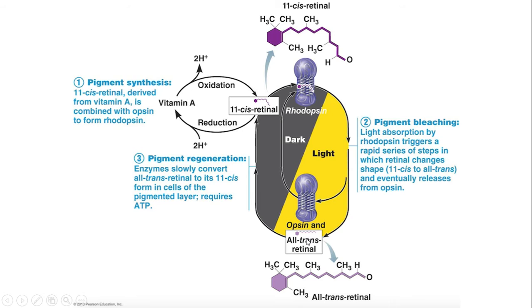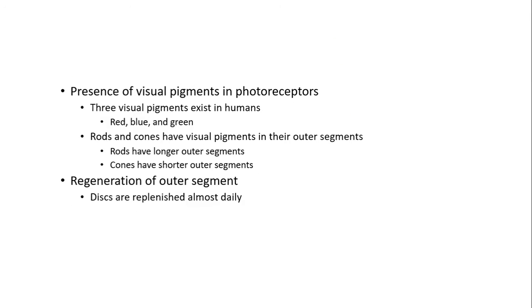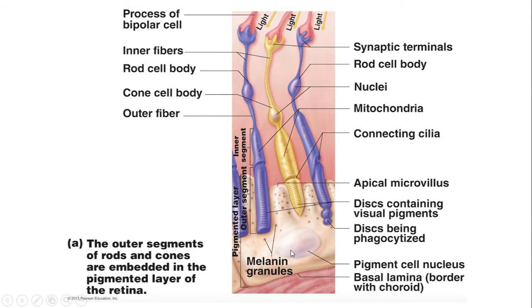Now, what we need to do after this is regenerate the pigment, right? What pigment are we regenerating? Well, the rhodopsin. Now, the way we can do this is that when we're looking at the pigmented layer, so we'll just jump back to here, what we're going to find is that there are enzymes located in this pigmented layer.